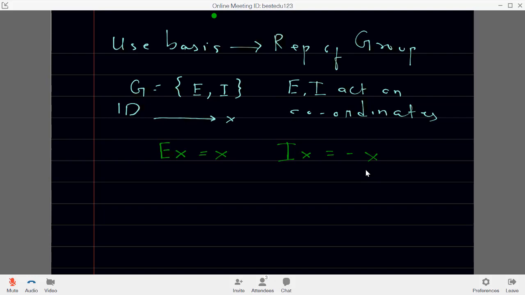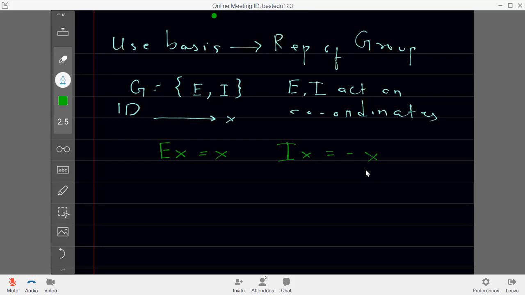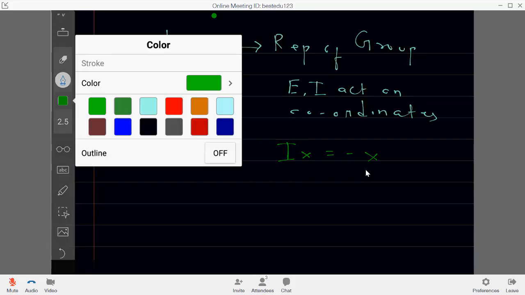Okay, so now we can do a very interesting thing. If E and I act on a coordinate, and suddenly I have a function, we know that in our world, if you have coordinates, then you can always define functions on the coordinate. So consider a function psi of x.